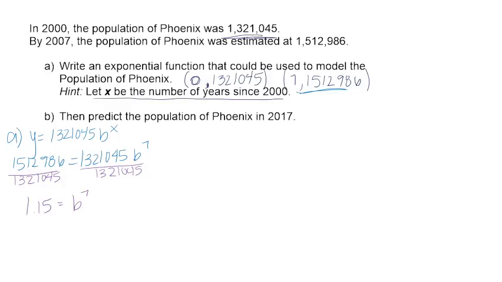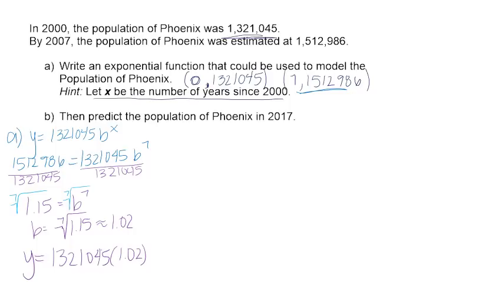So I could then take the 7th root of both sides. So b would be equal to the 7th root of 1.15, which is about equal to 1.02. So my equation is going to be y equals 1,321,045 times 1.02 to the x power. There is an answer to part A.